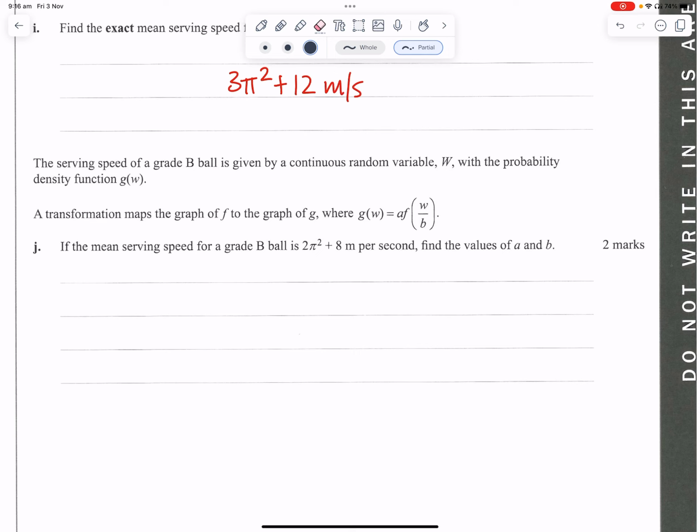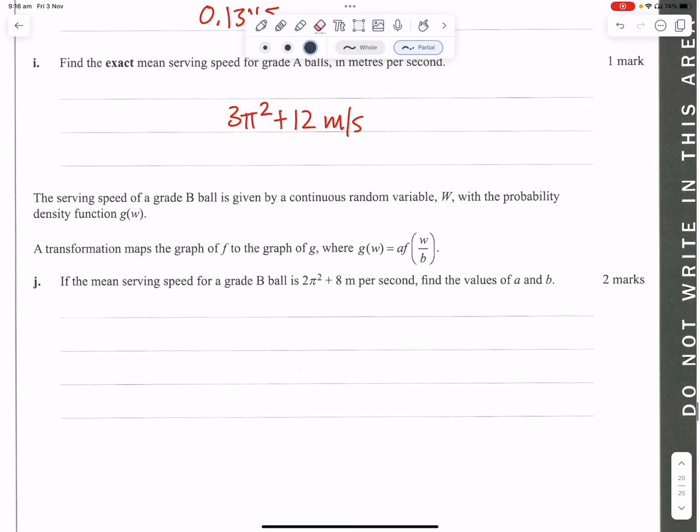So if we multiply that by 2/3, we would be dilating it 2/3 from the x-axis.